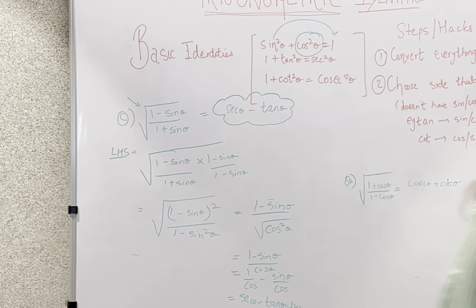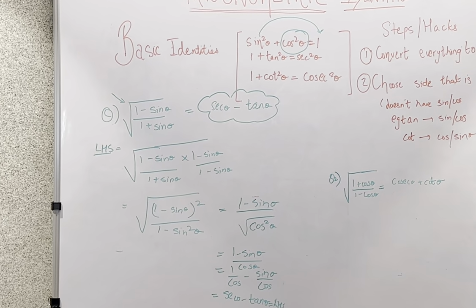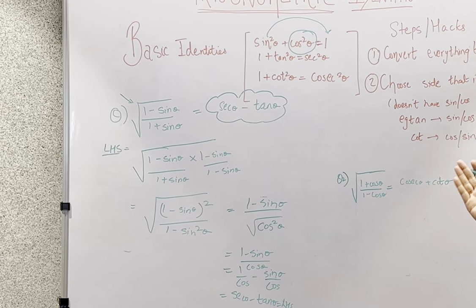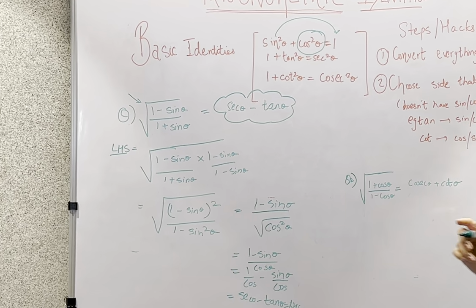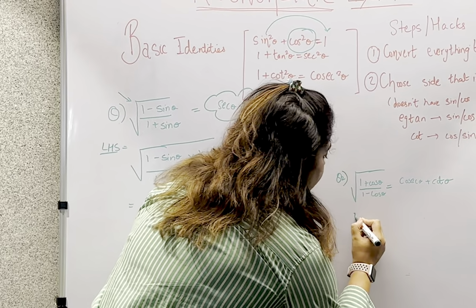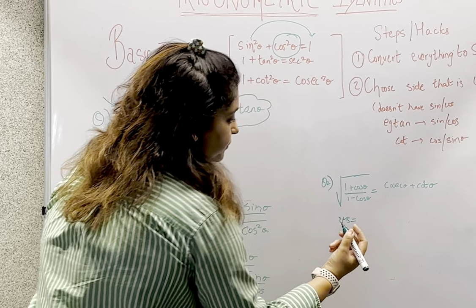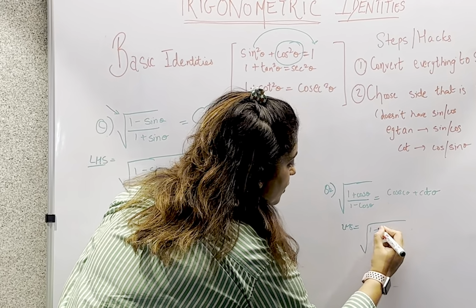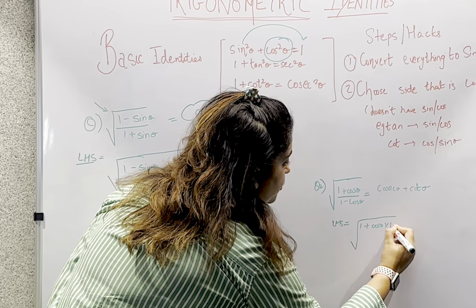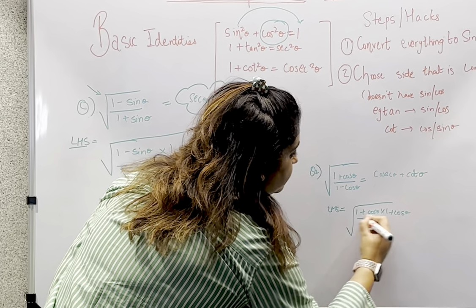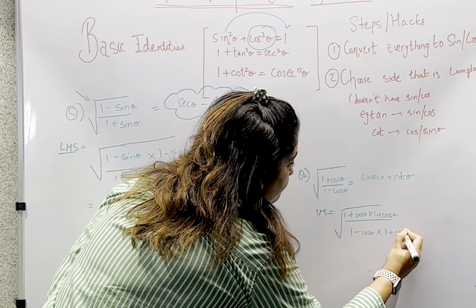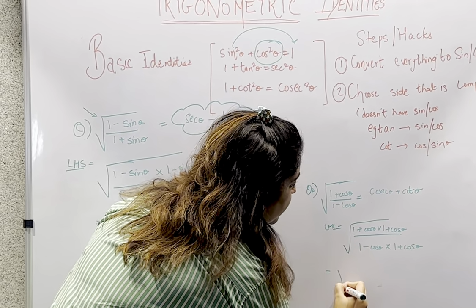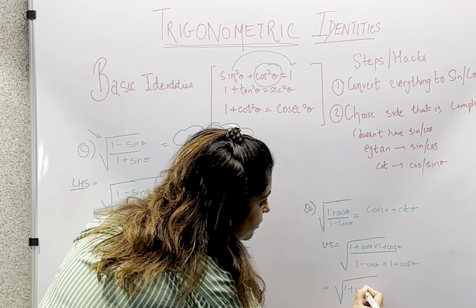Okay, come on. Let me quickly also solve question number 2 for you. Now, of course, the same thing over here. We're going to multiply and divide by 1 plus cos theta. So, what do I do? LHS. 1 plus cos theta into 1 plus cos theta. I'll go a little fast for this one. In the numerator, I get a whole square.